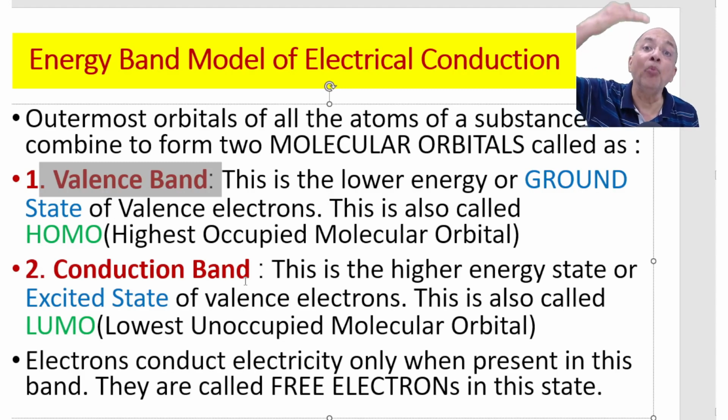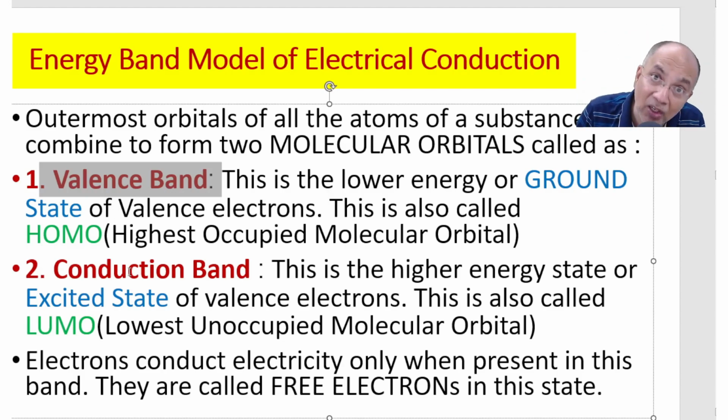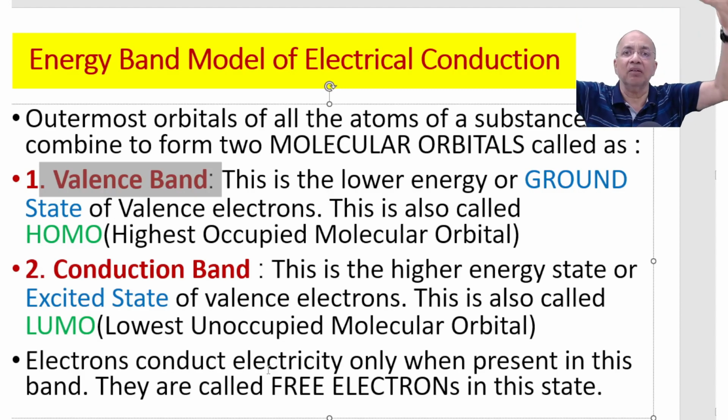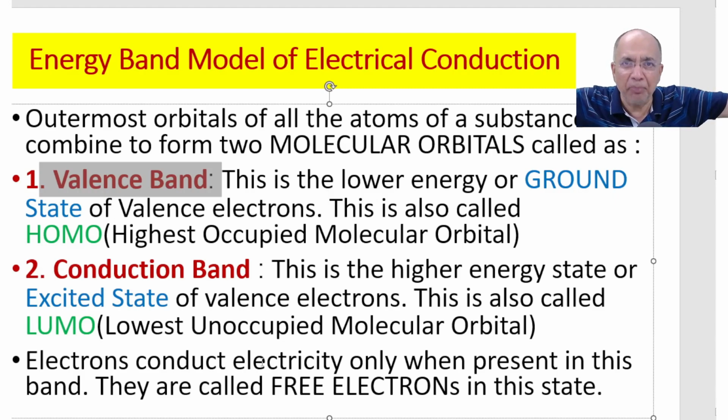Once they are promoted, excited, pulled to the conduction band, which is of higher energy, only then can they conduct electricity. They are then called free electrons. But when they are sitting in the valence band, they are sitting tight. They are not free to move. Once they are promoted to the higher energy conduction band, they become free, and you can just apply a PD which will make them flow in a particular direction.